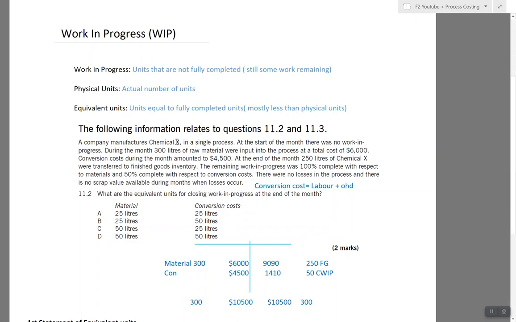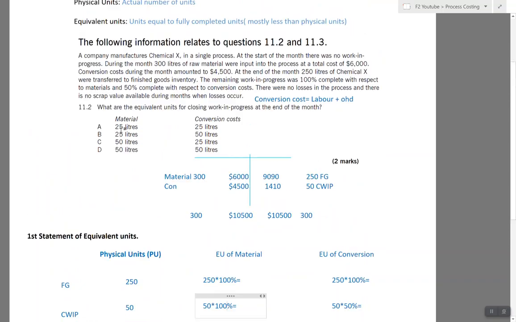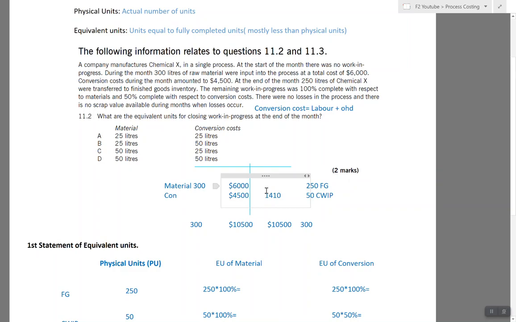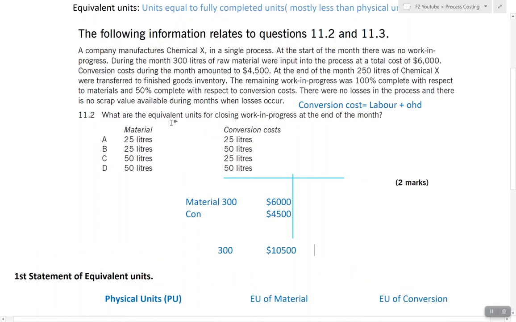So let's continue with the question here. Okay, the requirement is: what are the equivalent units for closing work in progress at the end of the month?